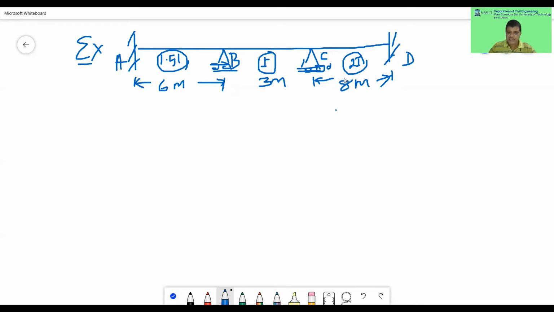They have written some values like this. The load given here is 30 kilonewton, a point load at a distance of 4 meter. And there is a UDL here, 20 kilonewton per meter.